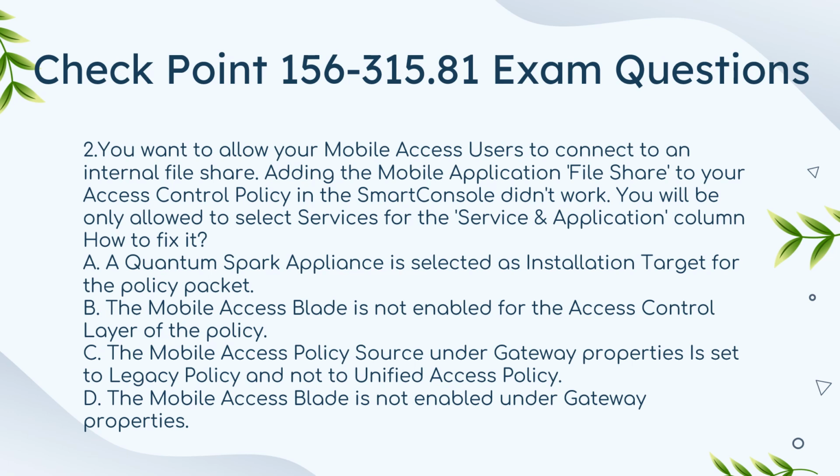B. The mobile access blade is not enabled for the access control layer of the policy. C. The mobile access policy source under Gateway Properties is set to Legacy Policy and not to Unified Access Policy. D. The mobile access blade is not enabled under Gateway Properties.